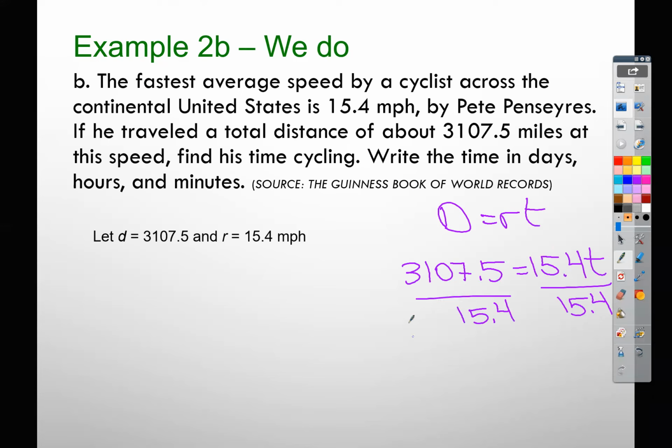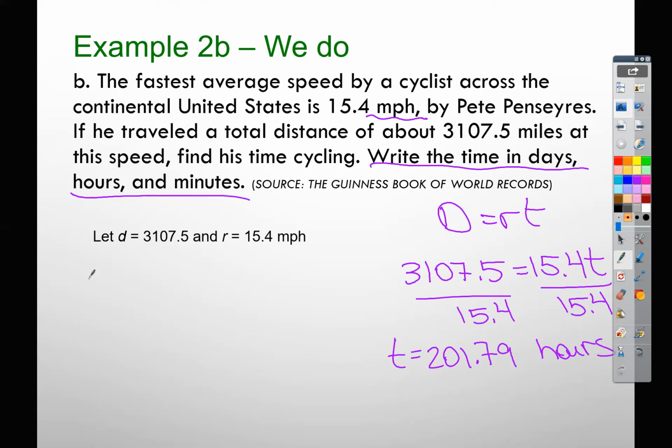And when you do, you will get 201.79. Okay, so that's in hours because this says miles per hour. But we want it in days, hours, and minutes. So how do we do that?